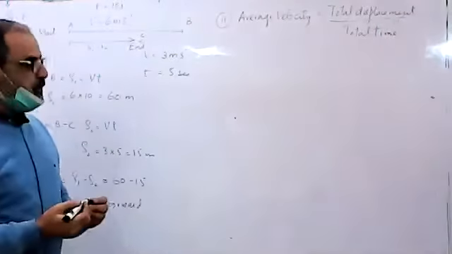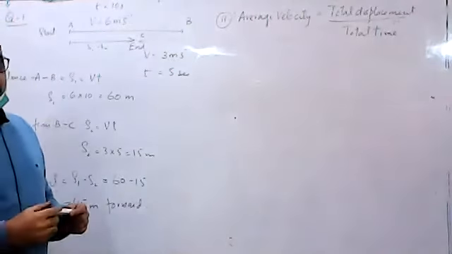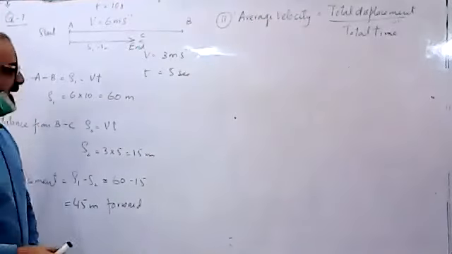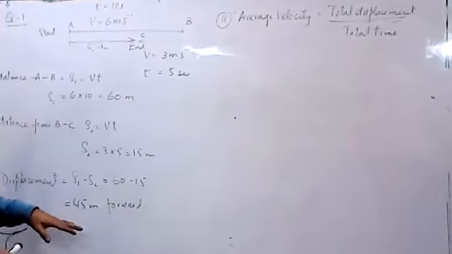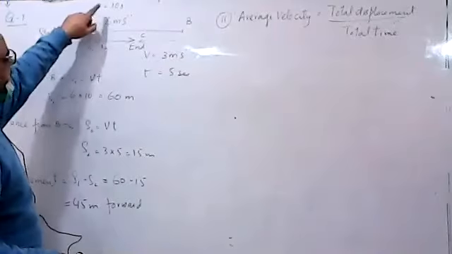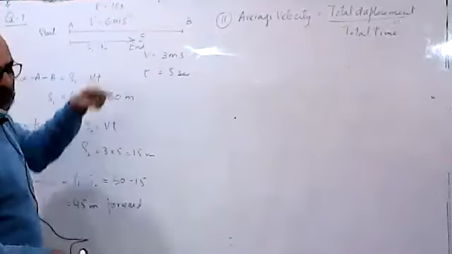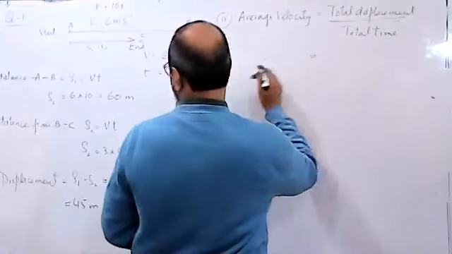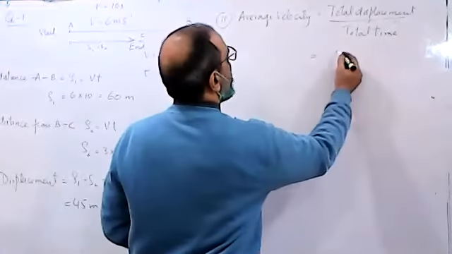For average speed, we use total distance divided by total time. But for velocity, we'll be using displacement by time. So the total displacement we have calculated, and the total time will be the same that has been spent on the journey. So remember, time won't change, only the displacement will be what we have calculated, the shortest distance.